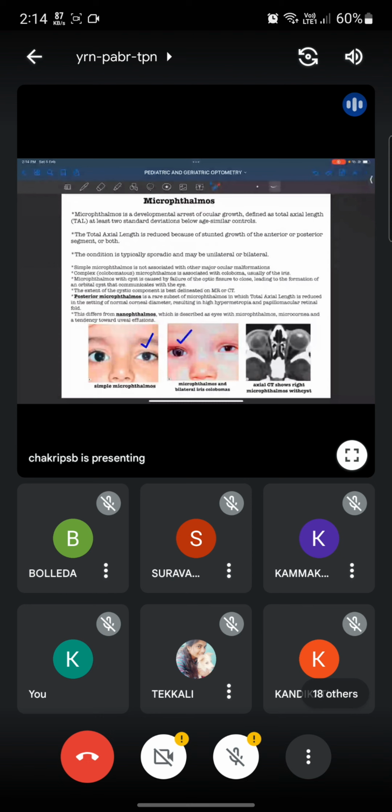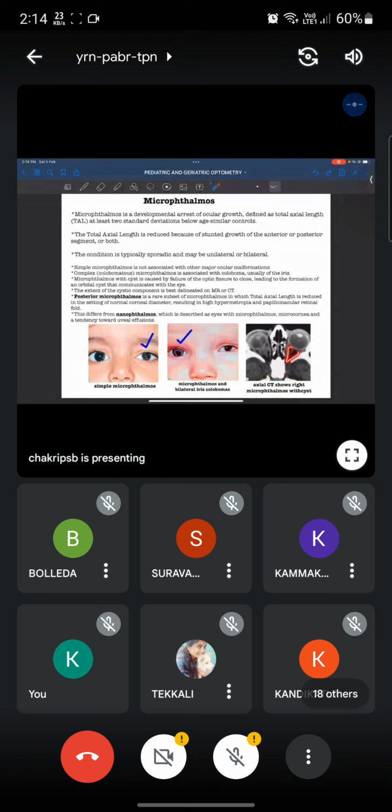To find out whether the eyeball is forming clearly or not, we need to do CT or MR scans, evaluating eyeball size in the right eye and left eye. See here, the CT shows a cyst.